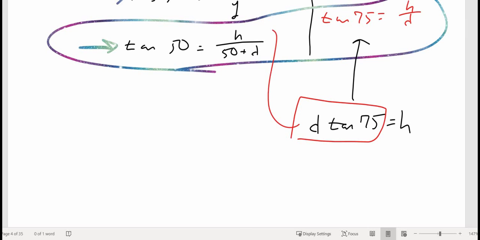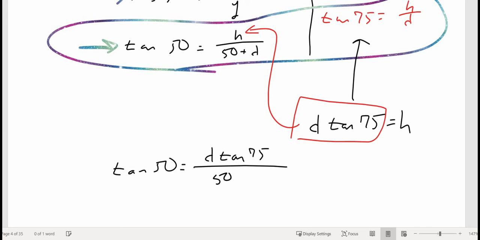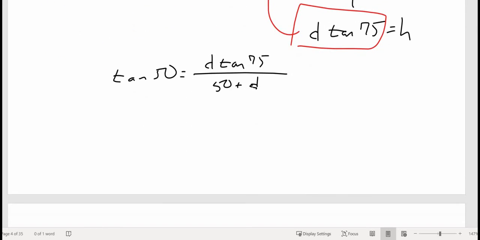So I can make that substitution. So in the other equation then, I could do that. You okay with that substitution?